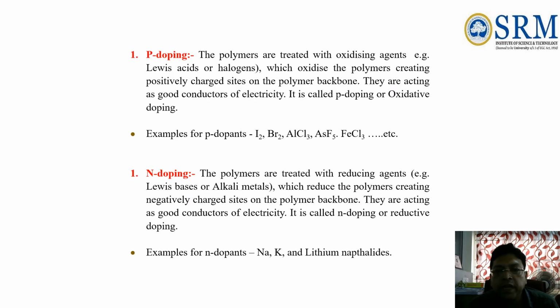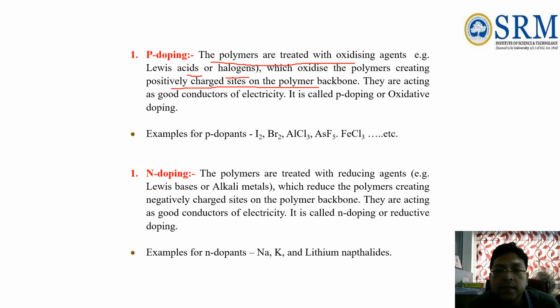So in the p-doping of conducting polymer, the polymers are treated with oxidizing agents such as Lewis acids or halogens, etc. And after treating with this Lewis acid or halogen, it can oxidize the polymers, creating positively charged sites in the polymer backbone, and therefore it will act as a good conductor of electricity.